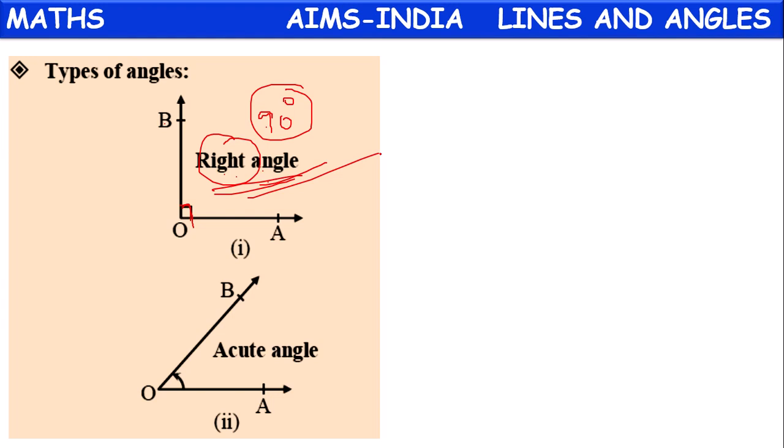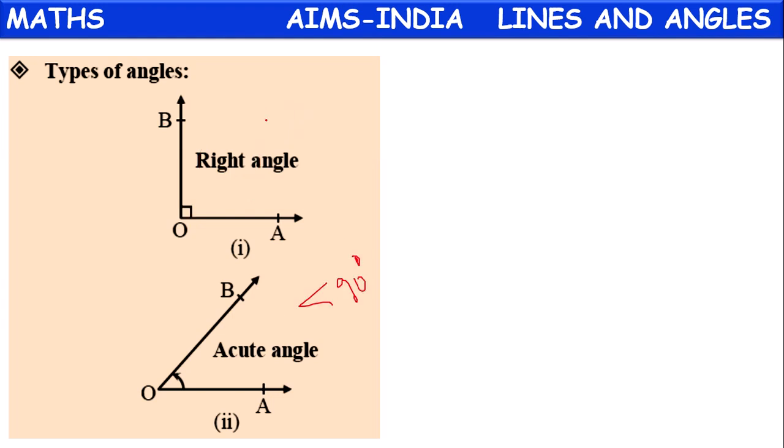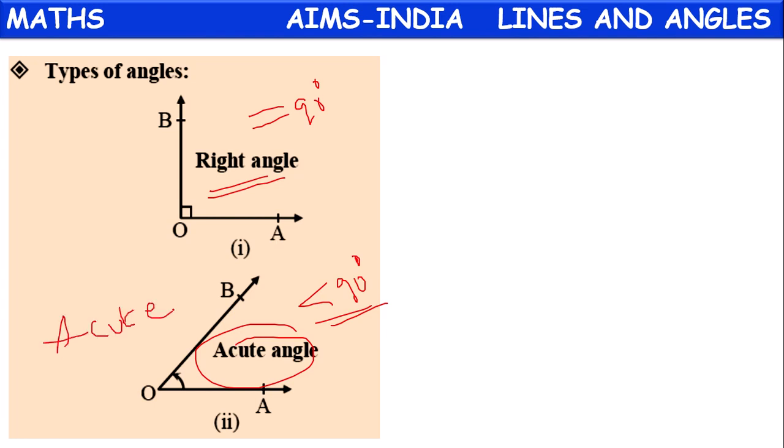Whereas if the angle is less than 90 degrees, then it is called an acute angle. Acute, A-C-U-T-E. Acute means a small angle compared to a right angle.